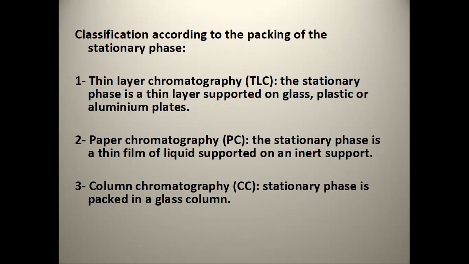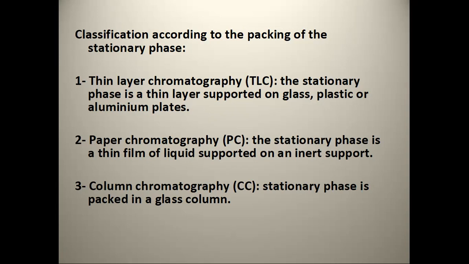So in most cases, we use paper chromatography and thin layer chromatography for determining what are the components of the mixture and figuring out what is the best solvent. So you try to do trial and error for you to separate the components of a mixture.